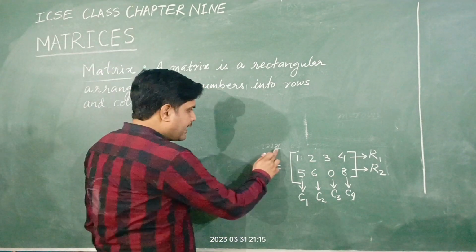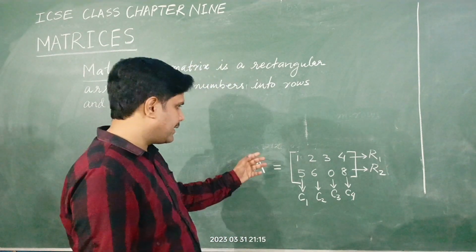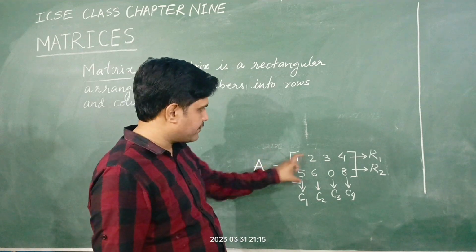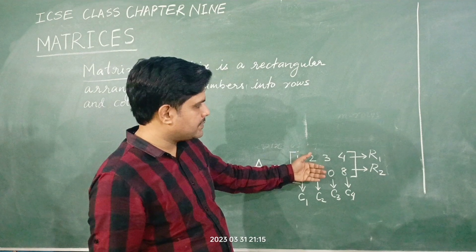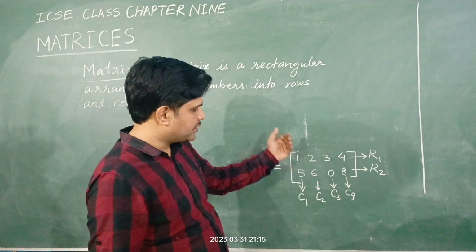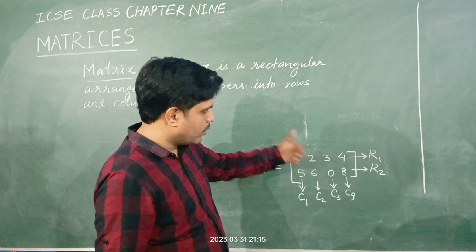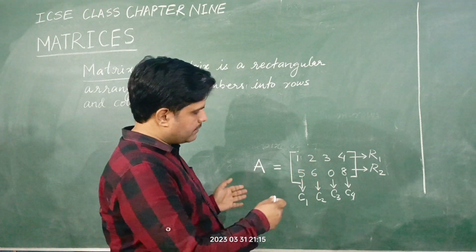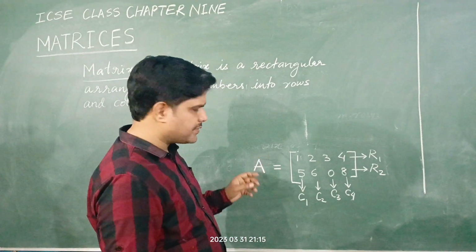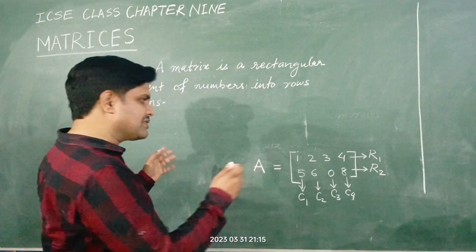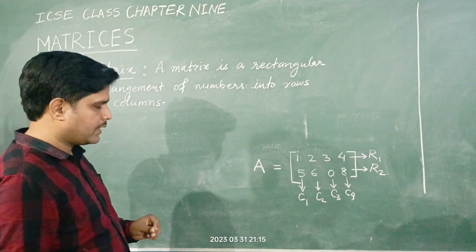Now, why have I called it a rectangular arrangement of numbers? Because when you see this arrangement of numbers, it has more columns than rows. So it is more on the length side, less on the width. And likewise you can see it in the rectangle. Even this arrangement of numbers looks like a rectangle.